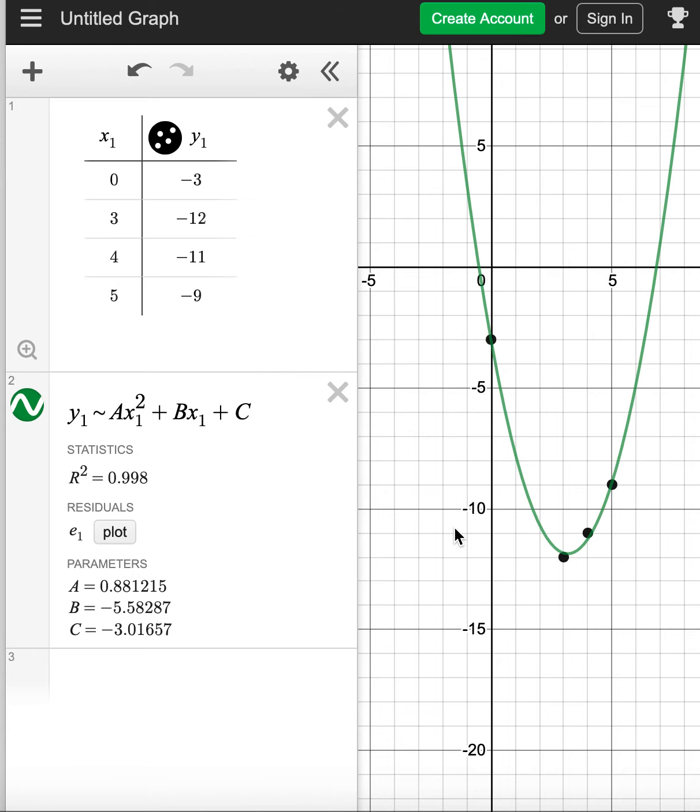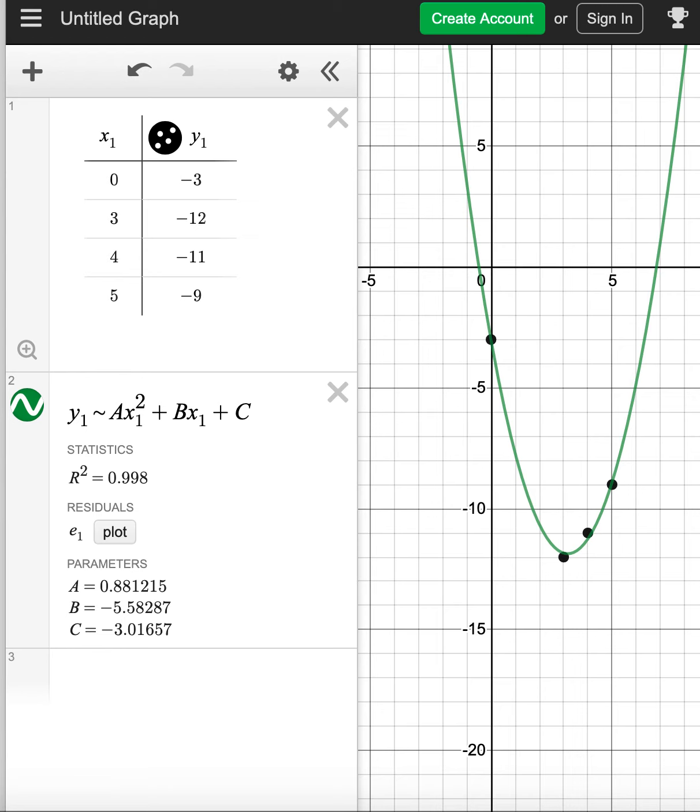Okay, looks like they are not all perfectly on the best fit parabola. And we can tell from the r squared value, it's not 1. If it had been 1, then all 4 of them would have been on the parabola. Here it's quite close to 1 though, 0.998. That's pretty good. It's a good fit.